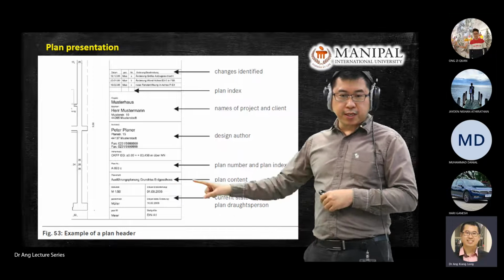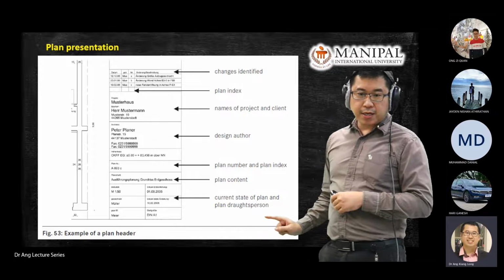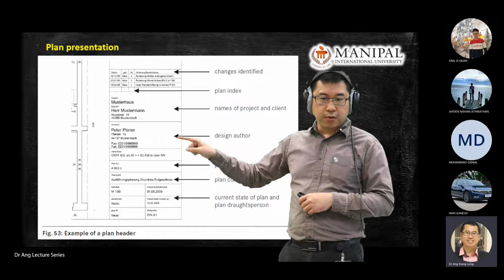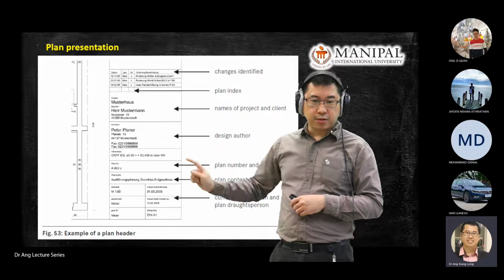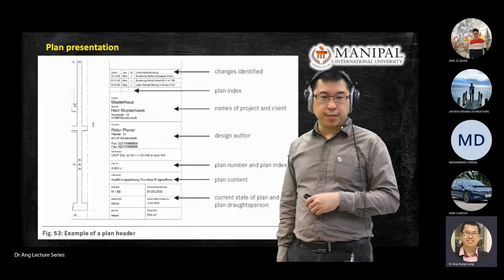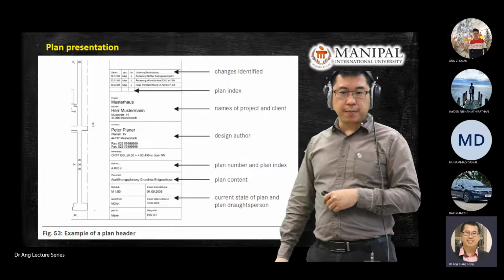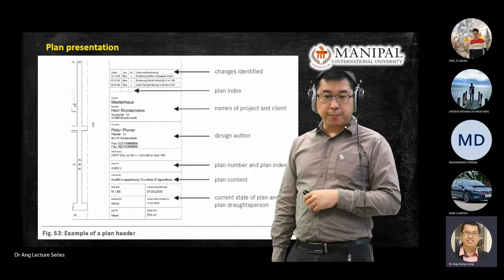But for your project, I don't think you have a finishing remark there. Current state and draft person: this one is who drafted. Normally the design author, and for this module, the design author and the draftsman will be the same name, for example. All right, so these are the information we expect in your report later on.